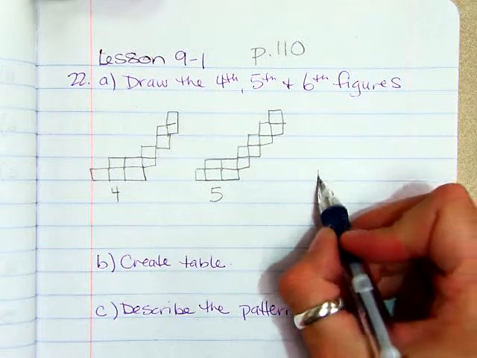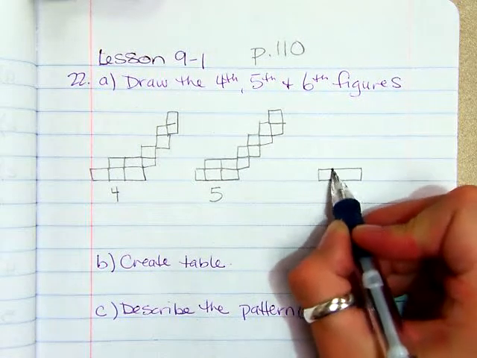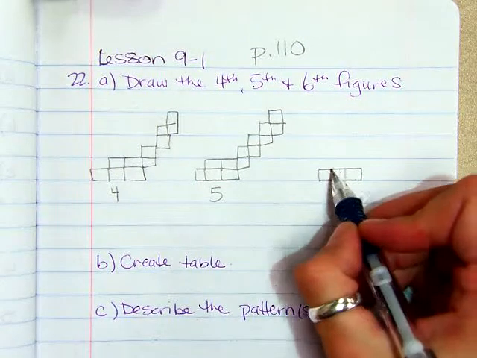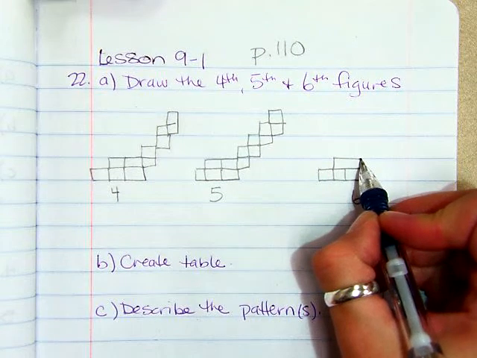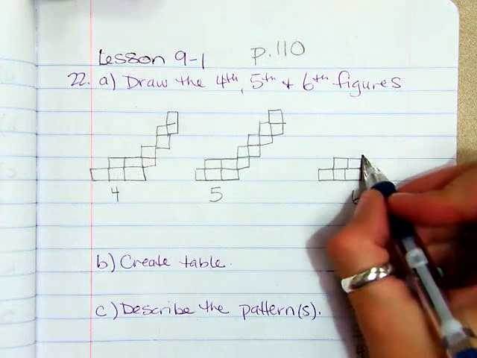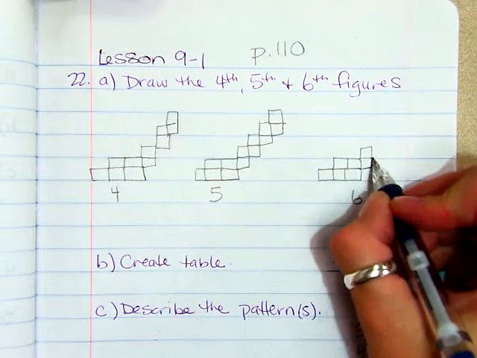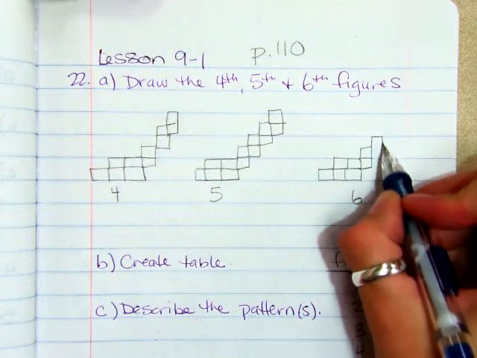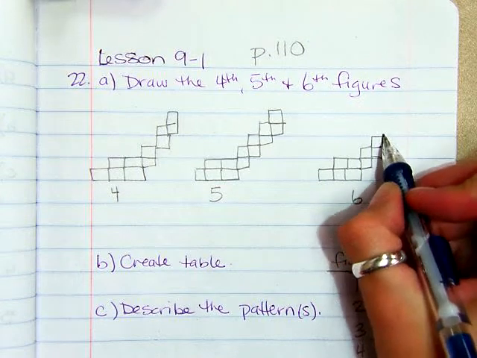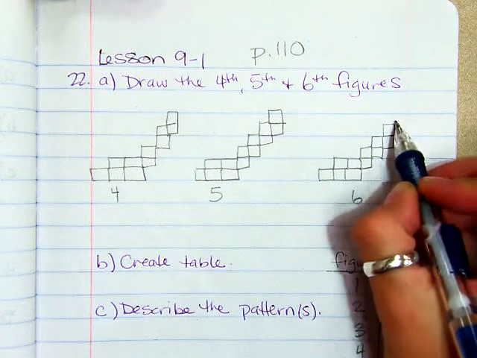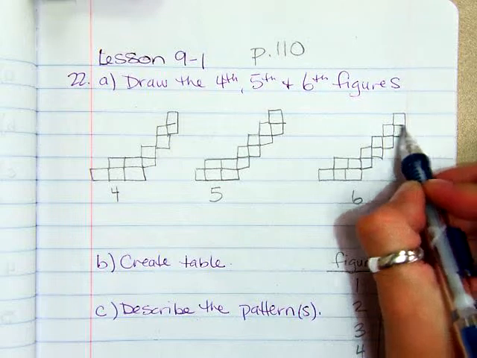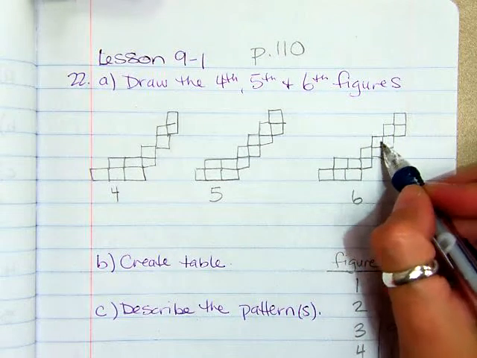And now I have to draw just one more figure for figure 6. Okay, hopefully this is the not as complicated part. We can just follow the pattern here. So 5, 6, 7, 8, 9, 10, 11, 12, 13.